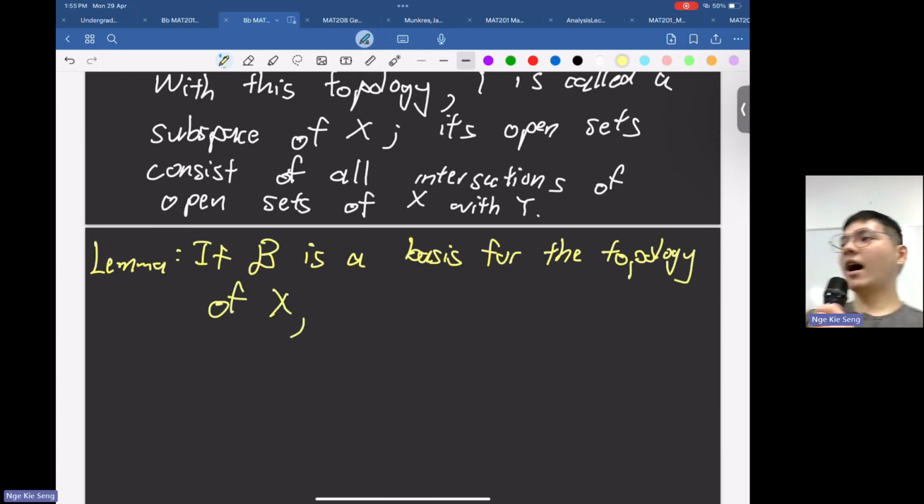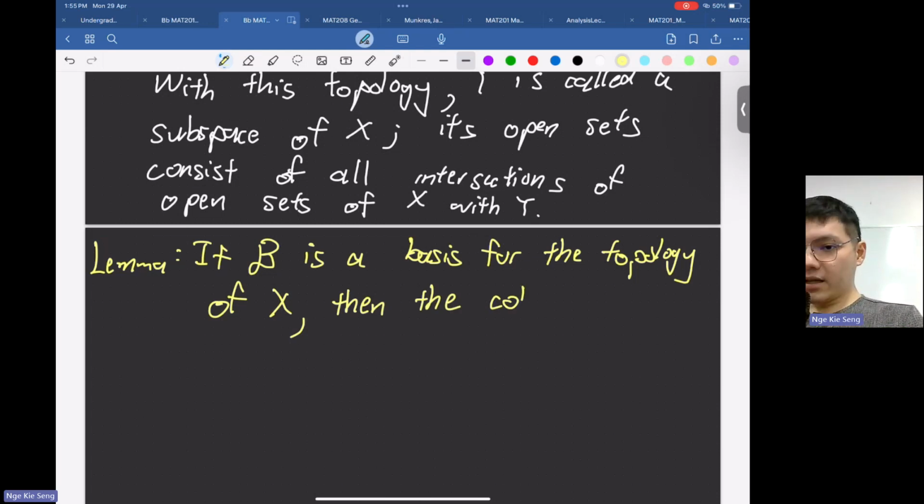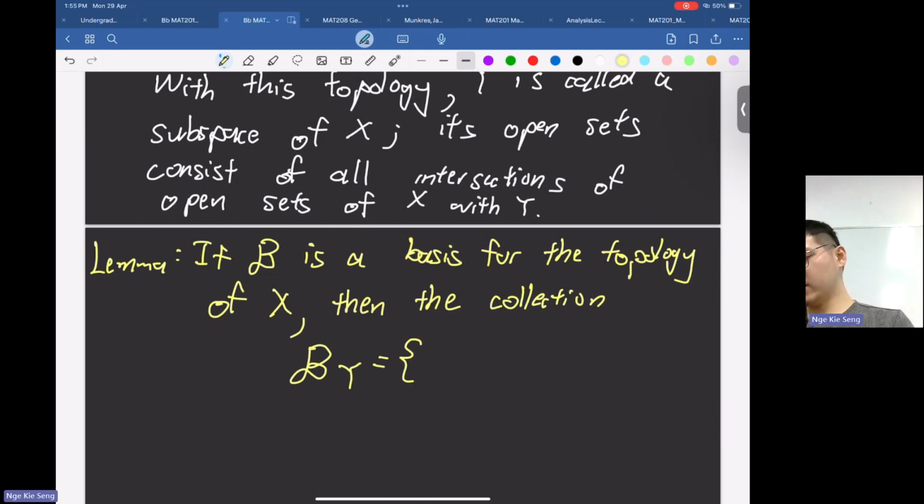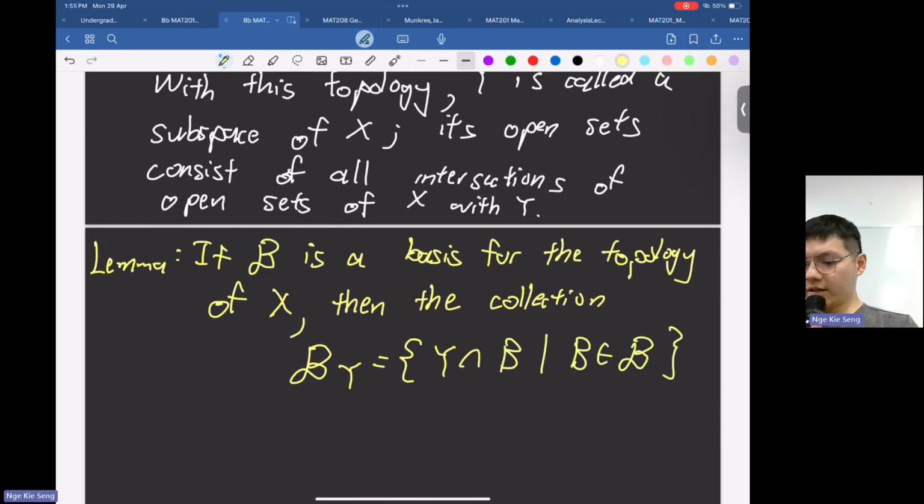Say we know how to generate the topology for the original space. Then you can just consider the intersection of Y with the basis elements in the original space, and this will form a basis.